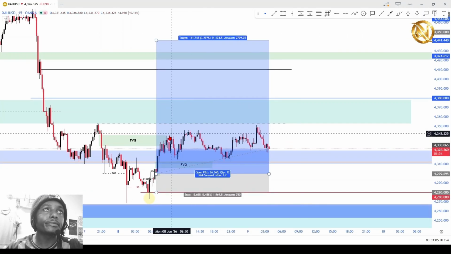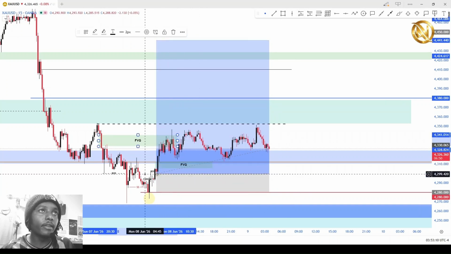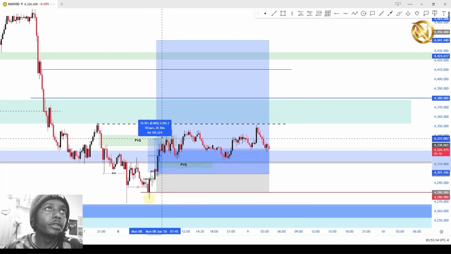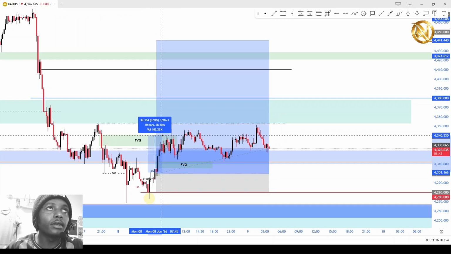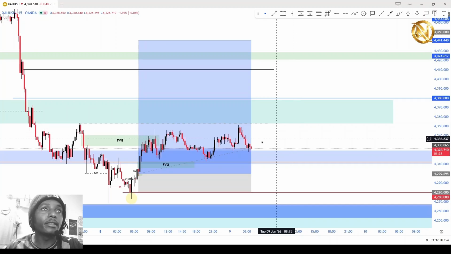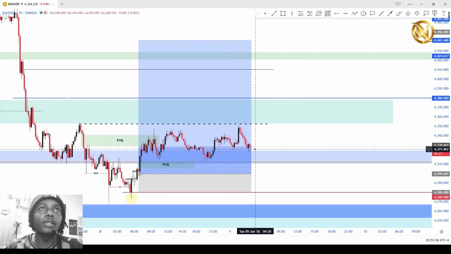But at this particular moment, when price moved from this level to this fair value gap that was located here, that's around 38 pips. So after 38 pips, I brought my stop loss to break even, and what I'm currently seeing is that we had this form of liquidity sweep.